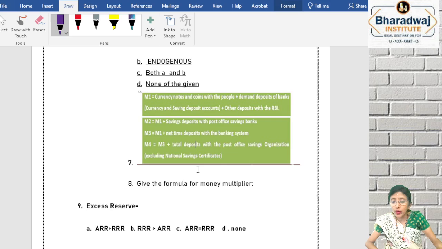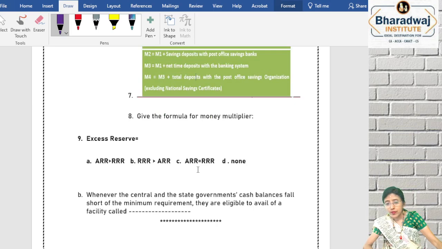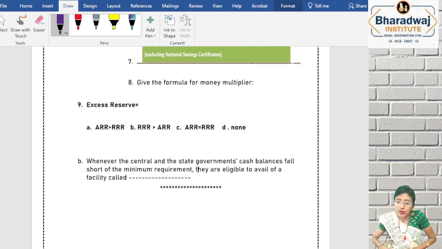Now give the formula for money multiplier. Write the formula. Like you studied today, Fisher's formula, extended equation, Cambridge equation, like that. I think I showed you the formula for money multiplier. And when you revise, you revise with the numerical example given. In case they ask also, you can apply the formula. Excess reserve equation: ERR greater than RRR, RRR greater than ARR, ARR equal to RRR, none of the given.